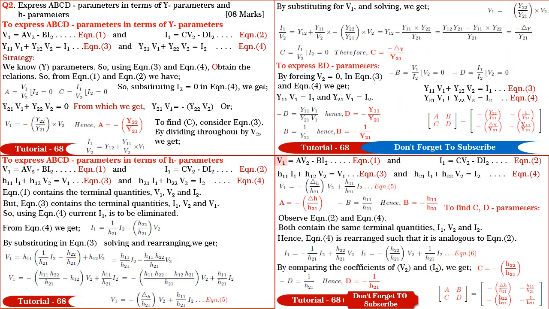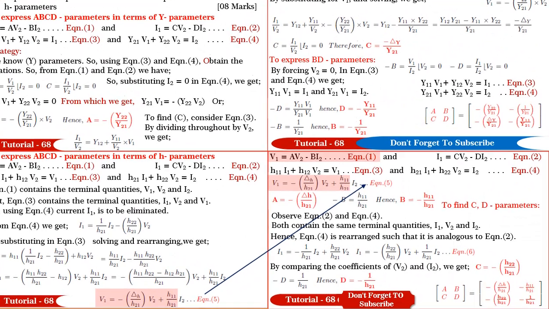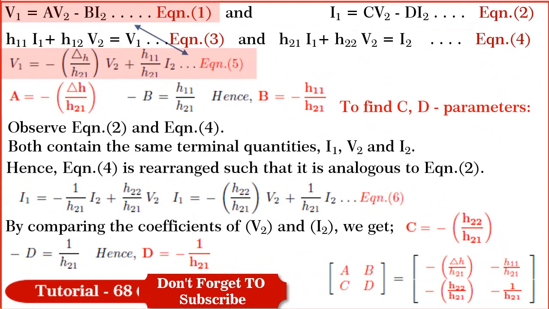Observe that equation 1 and equation 5 are analogous to each other. So, by comparing the coefficients of V2 and I2, we get A is equal to minus delta H divided by H21 and B is equal to minus H11 divided by H21.